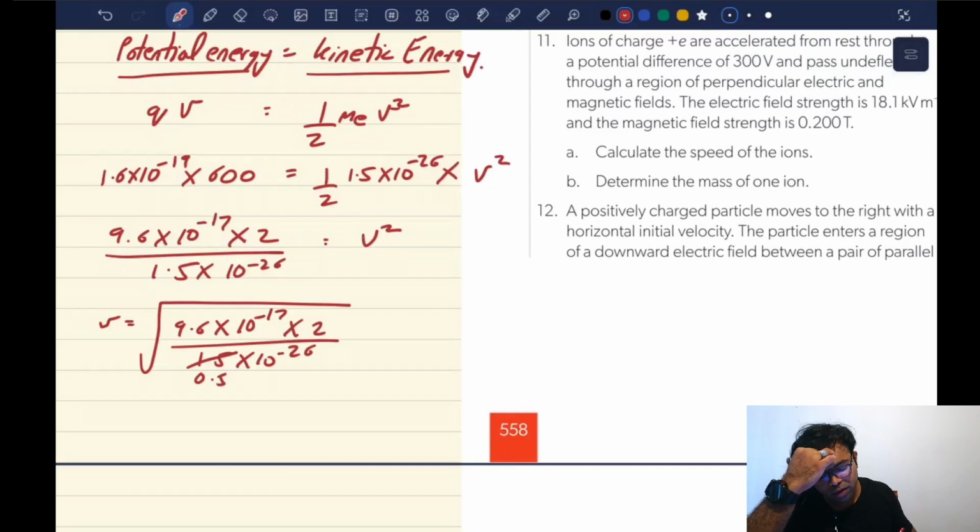So basically, 3 into 0.5 is 1.5, 3 nines are 9 and 3.2. So 3.2 into 2 is 6.4.